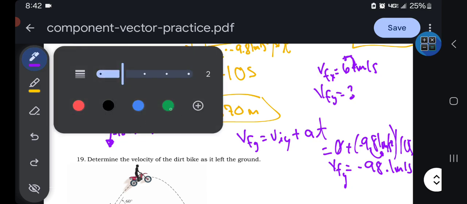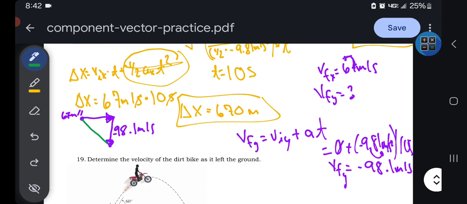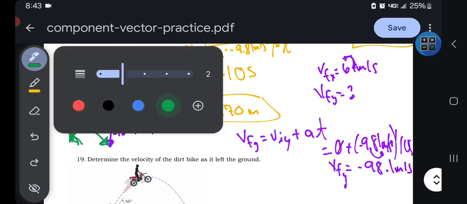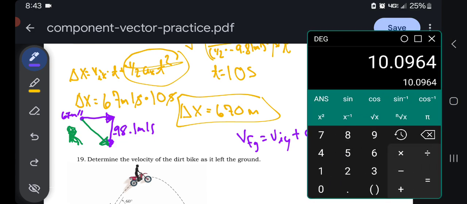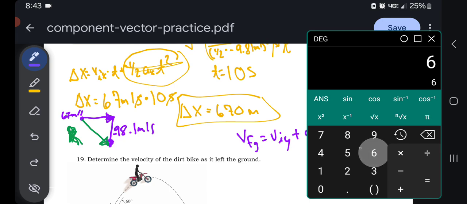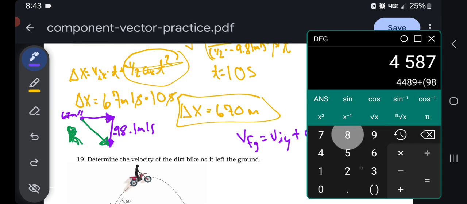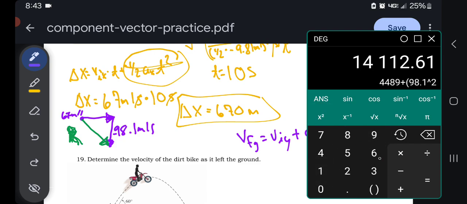So my resultant vector is going to be right here, and I can find it just by using the Pythagorean theorem, a squared plus b squared equals c squared. I could use SOHCAHTOA, but that'd be excessive. So I'm going to take 67 squared plus 98.1 squared, and then square root of the answer.